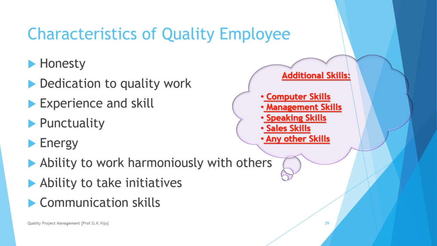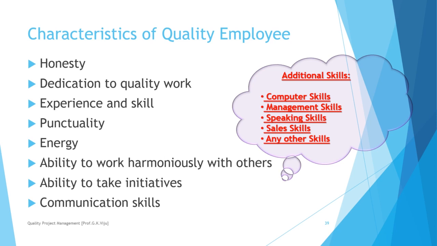Some like the employee should be honest, dedicated to quality work. They should have experience and skills. Generally, we call it schooled and skilled, punctuality, energy, ability to work without creating problems for others. They should be able to take initiatives and have communication skills. So these are all the normal characteristics for an employee.